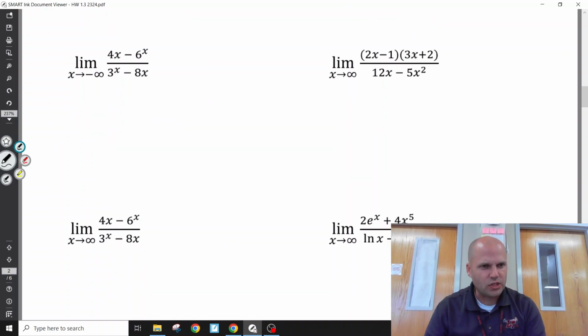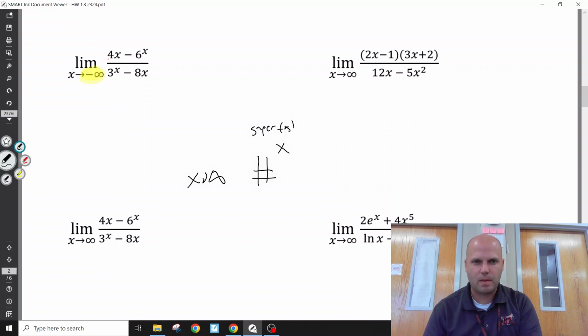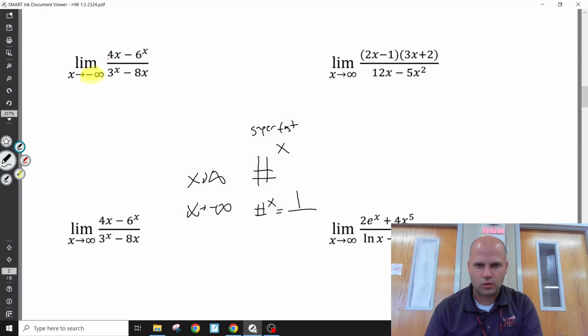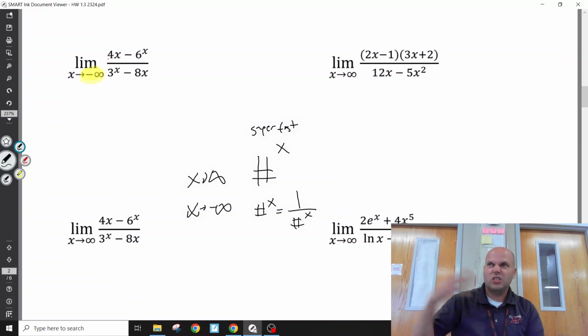All right. Most common mistake made on the horizontal asymptote questions is always assuming that the exponential function will always win and that you cancel off this and you cancel off that. I mean, you cancel off the 8x and you're talking about negative 6x and 3x. You are wrong. If you remember, a number to the x as x approaches positive infinity is super fast, yes, that's what people remember, but what they forget is that as you approach negative infinity, this thing to the x turns into 0.